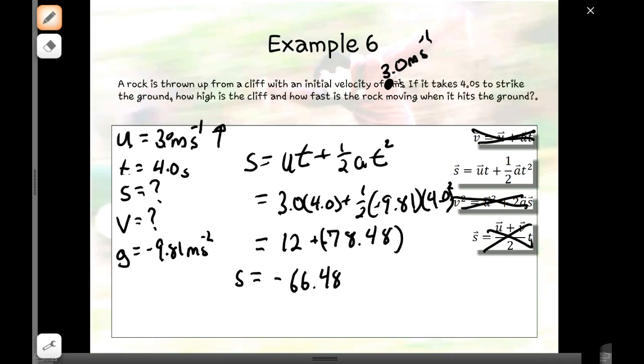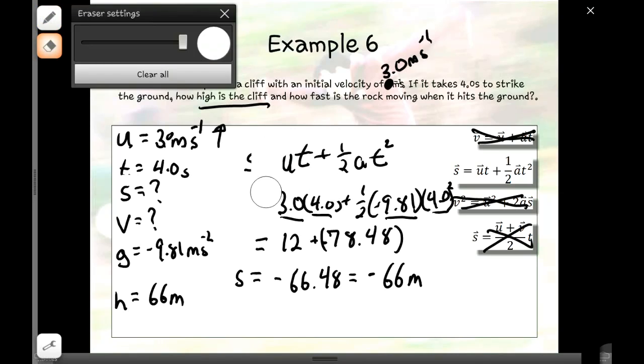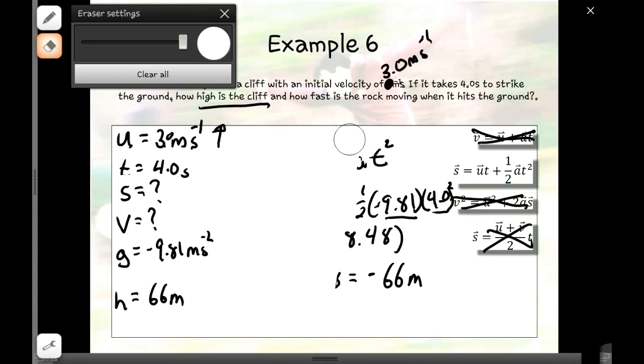Looking at my significant digits, I have 2, 3, 2, 2, and so I can only keep 2, so this is going to be negative 66 meters. Once again, it asks how high is the cliff? Well, the cliff has height h equals 66 meters, because once again we measure it from the bottom up. All right, so now we have that. Let's go ahead and work on the second part of the problem.